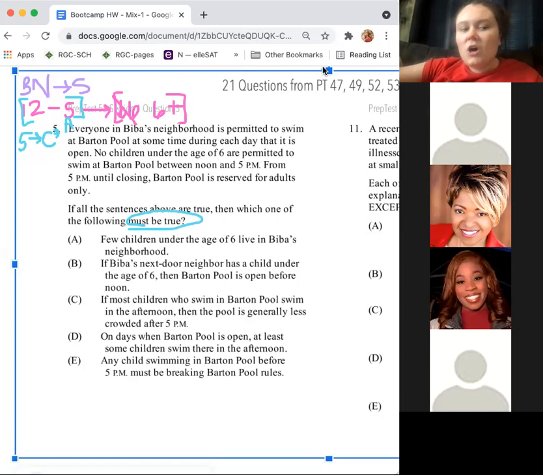And if only adults are allowed to swim 5 to close, when are children under 6 allowed to swim? Okay, that makes sense now. But the key is if there's children living in the neighborhood, because what if there's no children under 6 in the neighborhood? Then we don't know that.